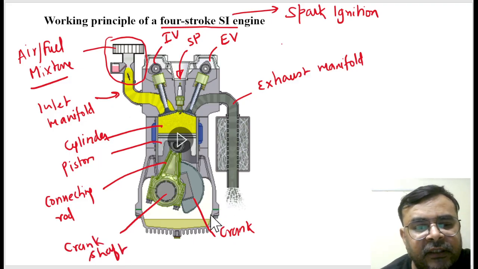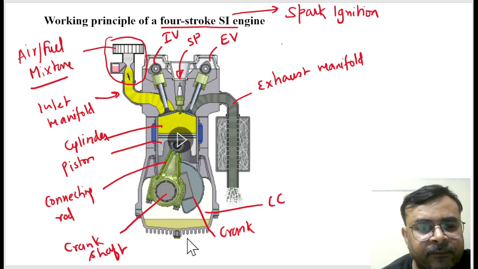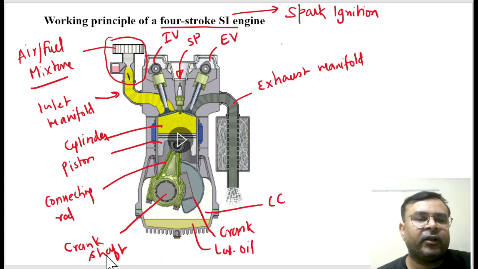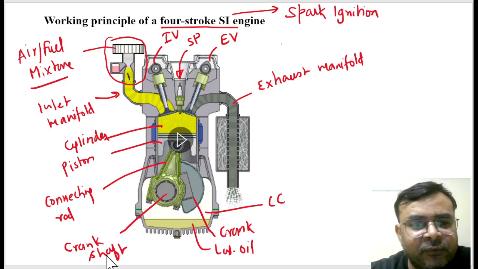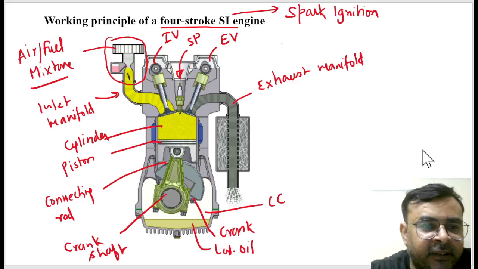And this is the crank casing. And this is the lube oil, or lubricant oil. So these are the important parts, and then you can analyze how this four-stroke engine works. So let's begin.